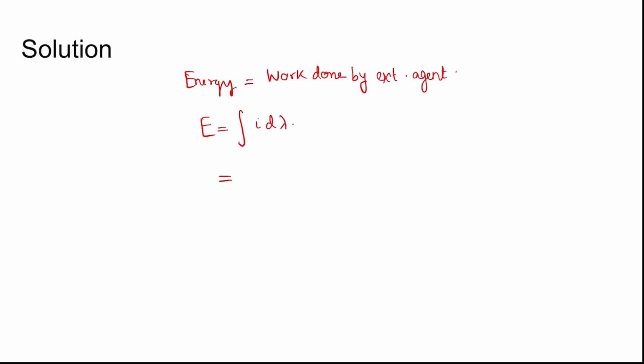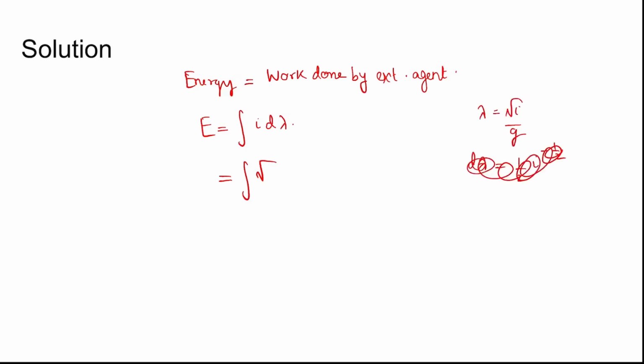Now you see energy equal to work done. So the energy stored is the work done by the external agent, equal to integral I d lambda. Lambda is given to be root I by g.